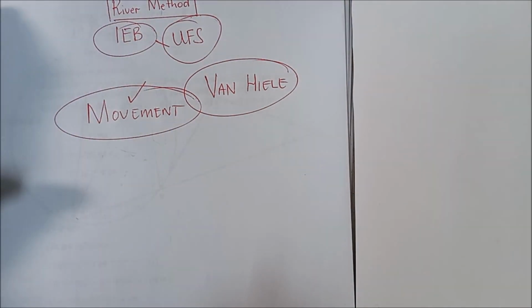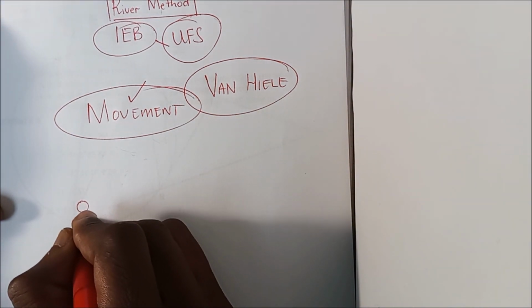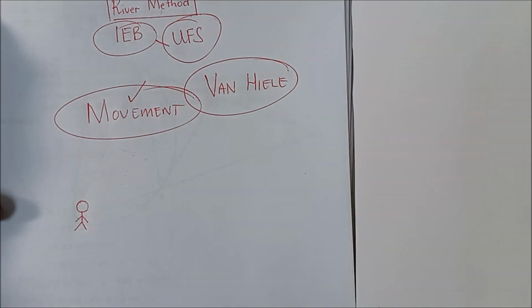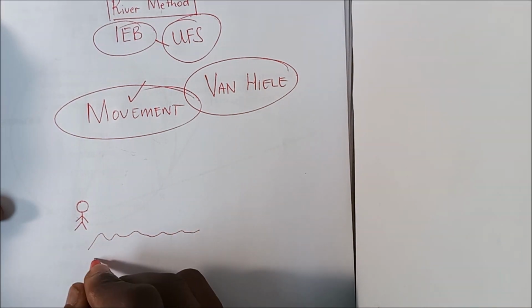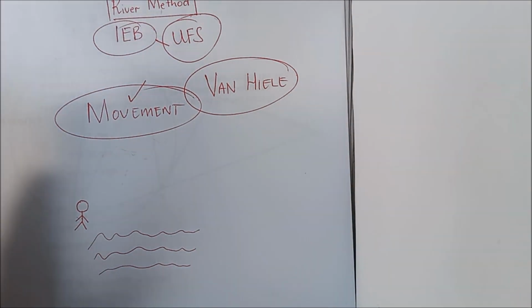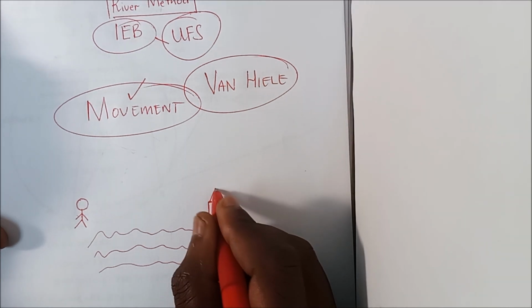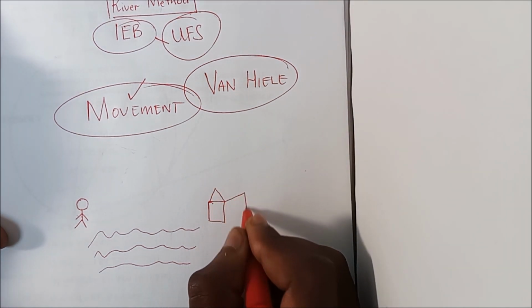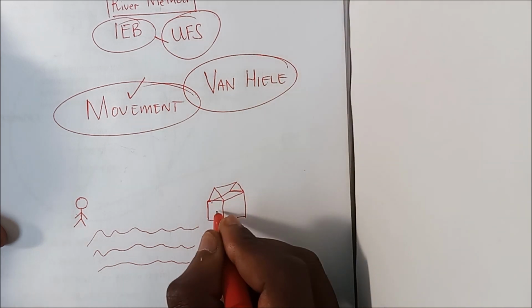Suppose this is you, and there's a river somewhere here, let's say 2 meters or 5 meters away. And you want to go to that position. Suppose this is your house and you want to go to your house.